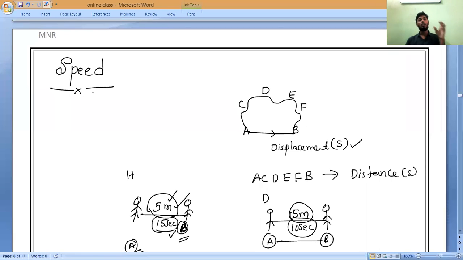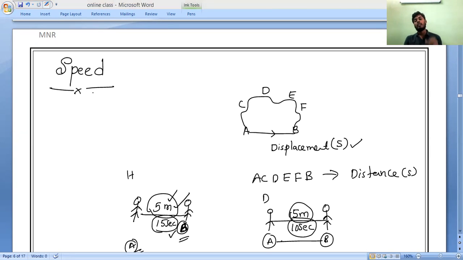Total distance traveled in a given period of time is called speed. I can say it is the distance traveled by a body in a given unit time.